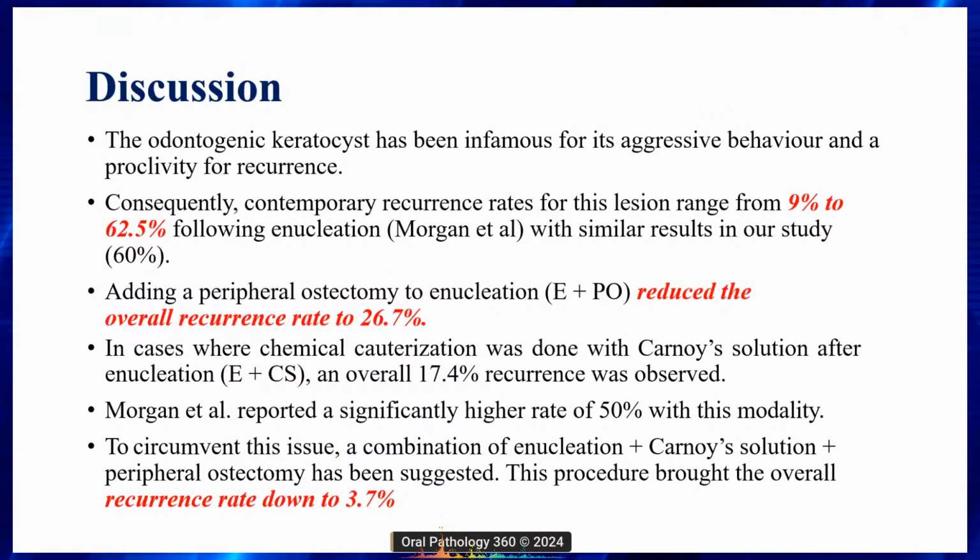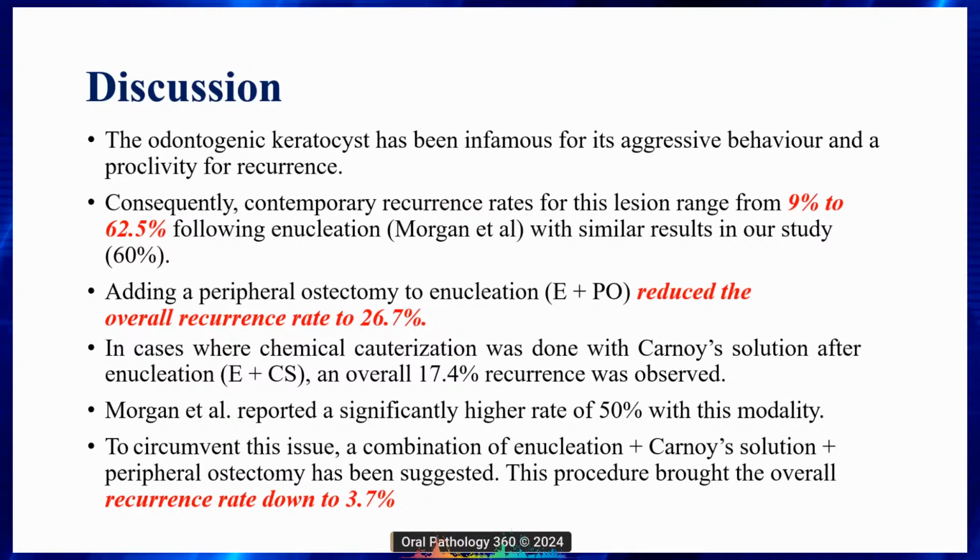So, the odontogenic keratocyst has been infamous for its aggressive behavior and a proclivity for recurrence. Consequently, the contemporary recurrence rate for this lesion ranged from 9 to 62.5% following enucleation, as reported by Morgan et al. And similar results were found in our study, that was 60%. Adding a peripheral ostectomy to enucleation reduced the overall recurrence rate to 26.7%.